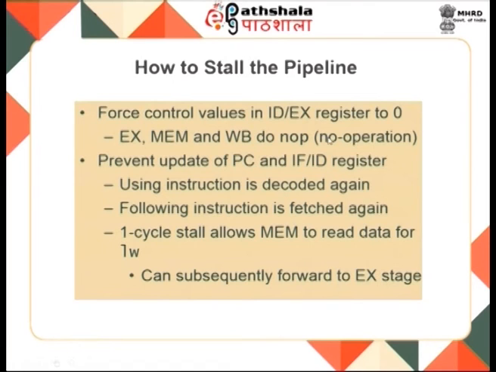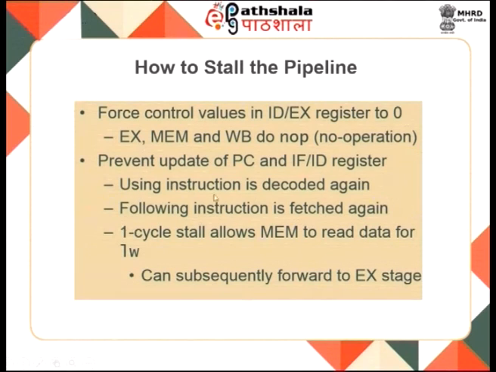So, how do you stall the pipeline? In order to stall the pipeline, you will have to force control values in your IDEX register to 0, and your EX, MEM and write back do no operations; it is a no-op. And you will also have to prevent the update of the program counter, because you can't go ahead and fetch the next instruction, and you will also have to prevent the update of your IFID registers, because it will have to stall in the same stage, it cannot proceed to the next stage.